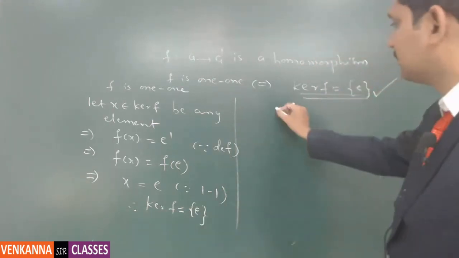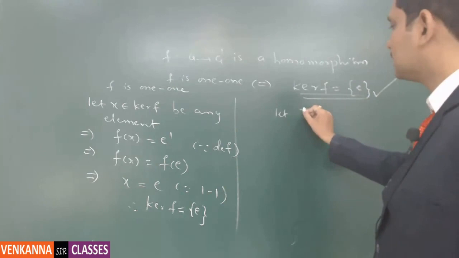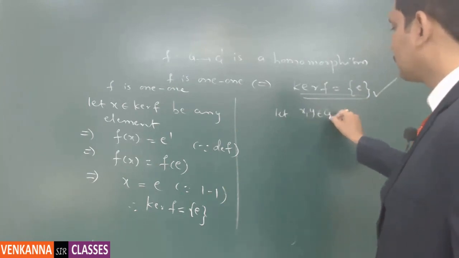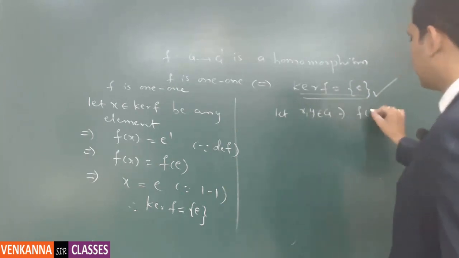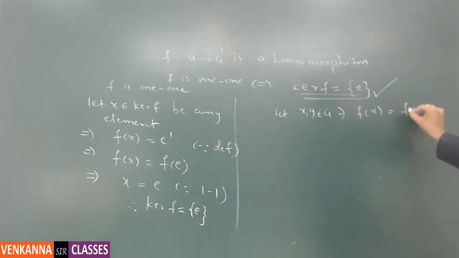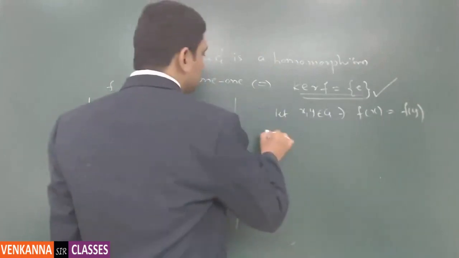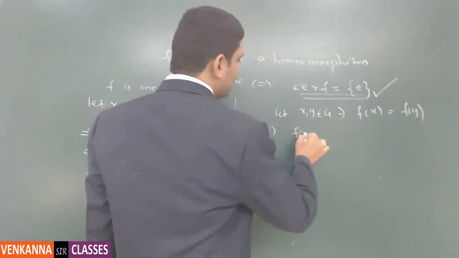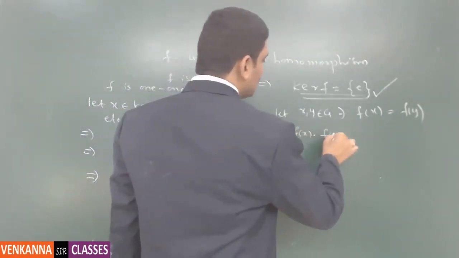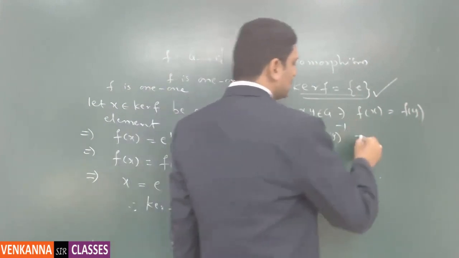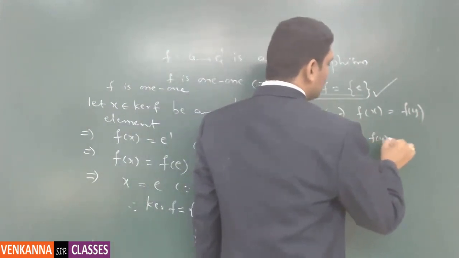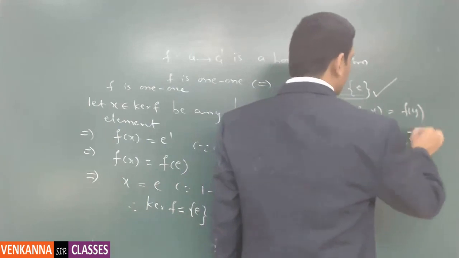So you take two elements such that the images are equal. I have to show that x is equal to y. That is my intention. So this implies f of x into f of y whole inverse is equal to f of y into f of y whole inverse.